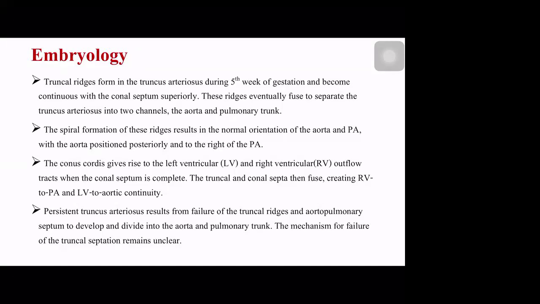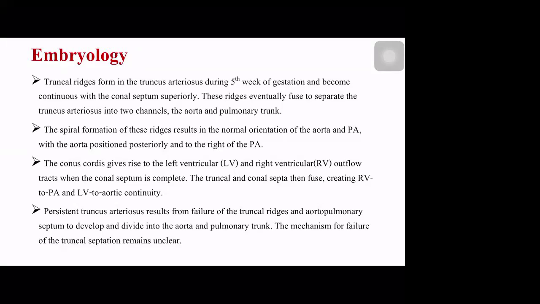You all know that both the outflow tracts originate from the conus cordis, and after that there is formation of conal septum in between them. Ultimately, that conal septum and the truncal septum fuse with each other along with the truncal ridges to separate the channel from RV to PA and from LV to aorta.